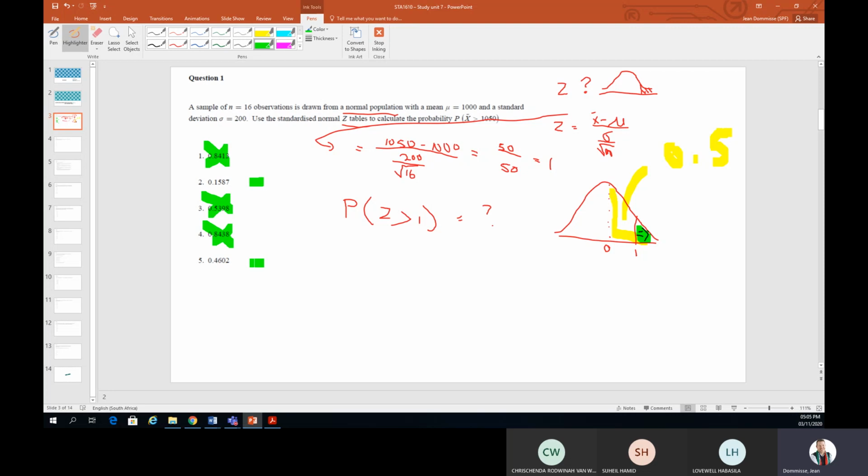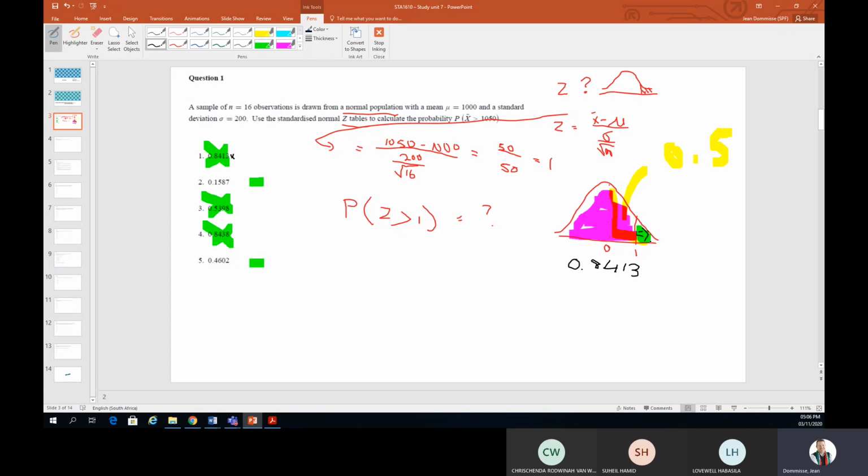Okay, so now I would go to the Z table. The Z table for 1 tells me that this part is equal to 0.8413.